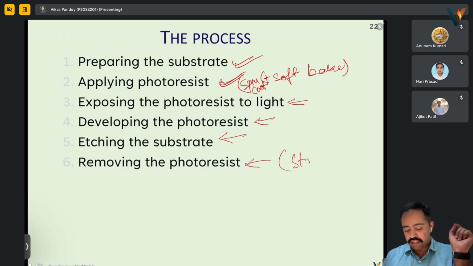This removal is stripping, after etching.